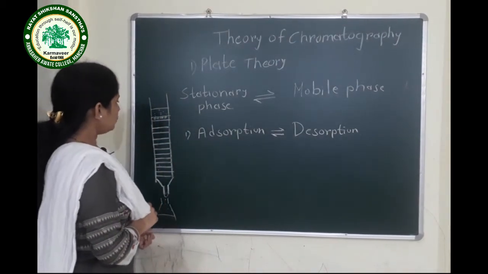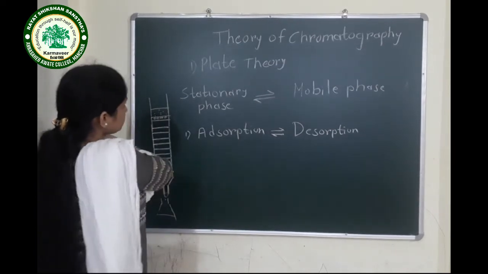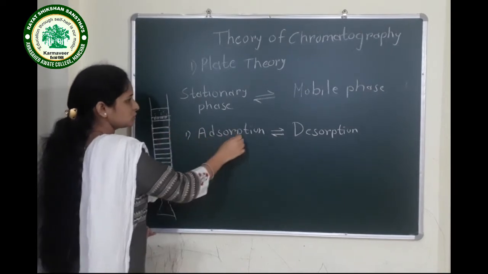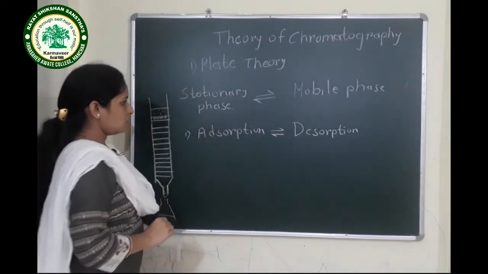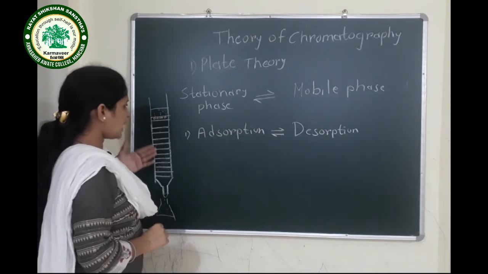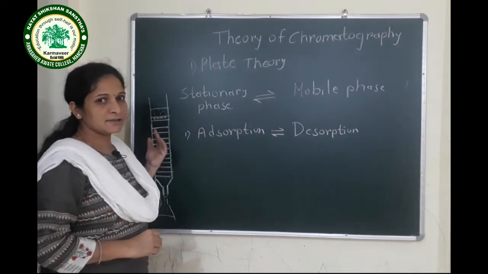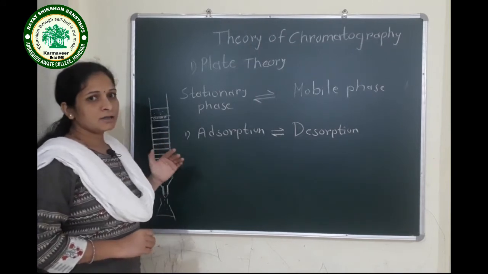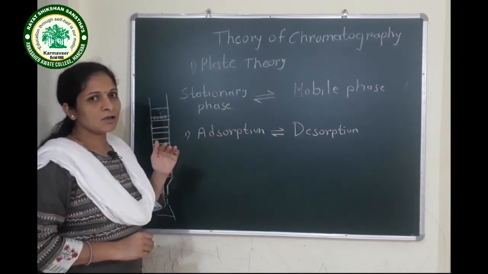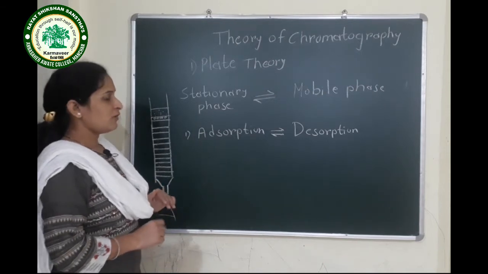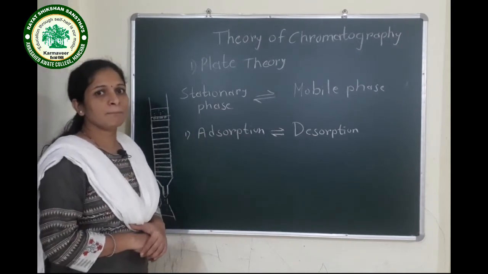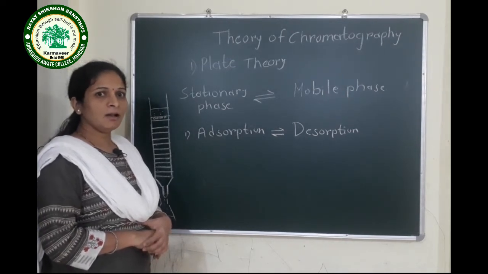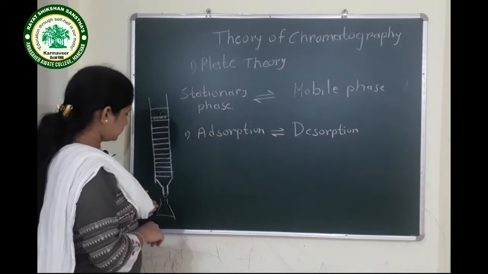Now see what happened. In this column there is the adsorption desorption process. At each step there is the adsorption desorption process. There exists an equilibrium. Due to this equilibrium there is the flow of the mobile phase through the stationary phase. When this mobile phase completes this adsorption desorption equilibrium, then it will elute from the stationary phase.